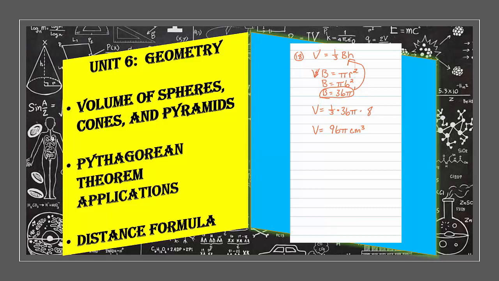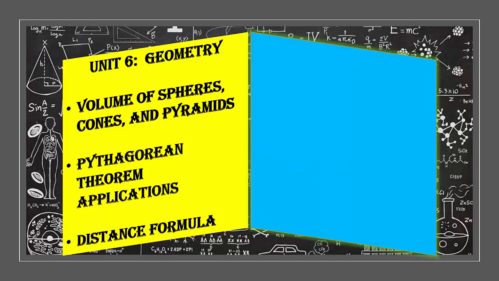Again, that's our exact solution. In order to get our approximate, we multiply 96 times 3.14. And our volume is approximately 301.44 centimeters cubed. And so both of those would be justifiable answers for this particular problem.